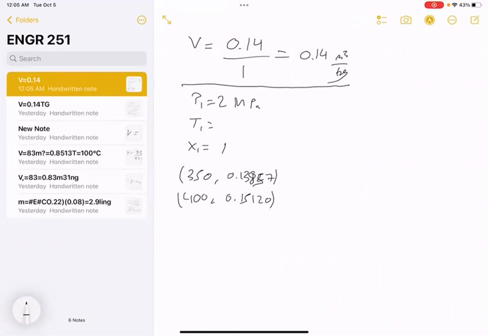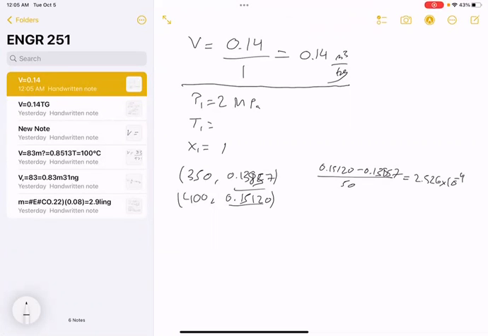We're going to interpolate between these two. So let's get the slope. It's going to be this value minus this value divided by 50, which is the difference between 400 and 350. So 0.15120 minus 0.13857 over 50. And that will give us 2.526 times 10 to the negative 4.